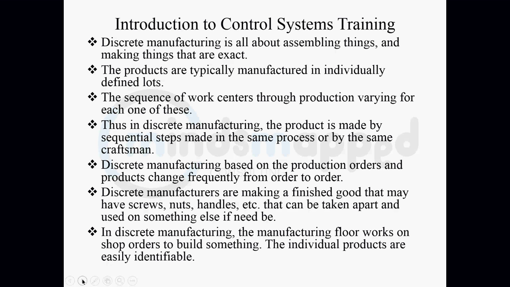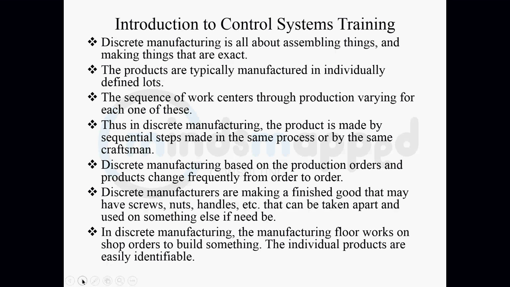So although you have to follow a sequence, the basic outline will remain the same, but there may be some separate steps that differentiate the whole lines from each other. Thus, in discrete manufacturing, the product is made by sequential steps made in the same process or by the same craftsman.